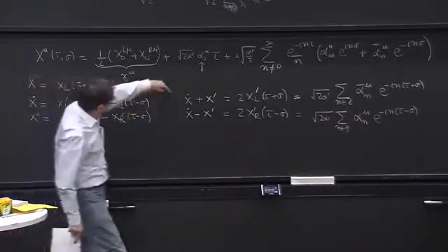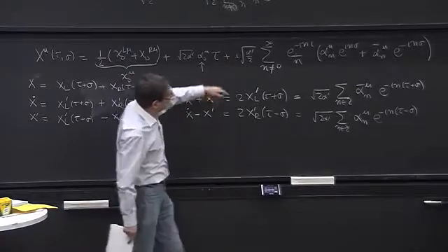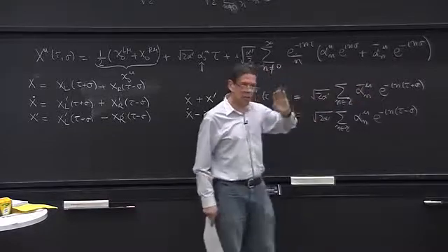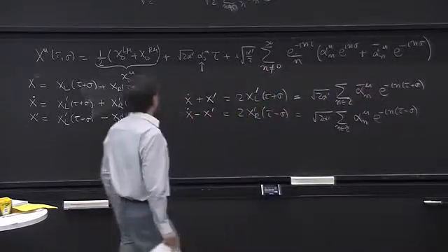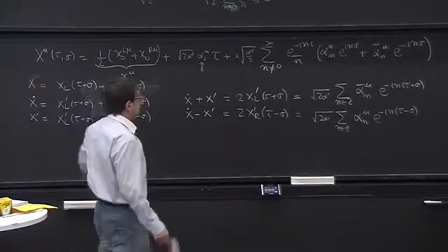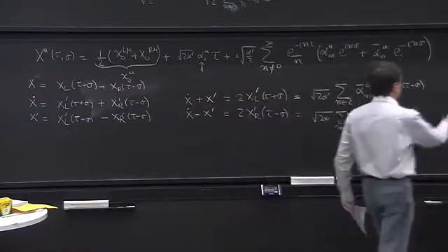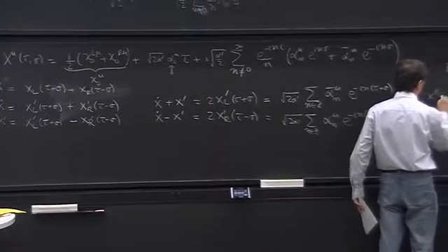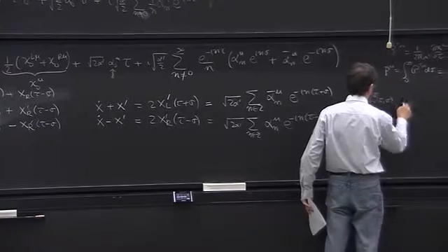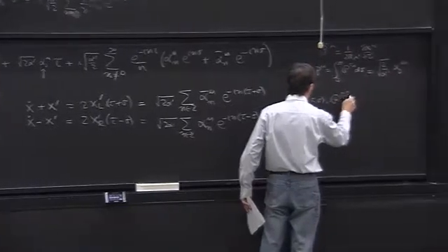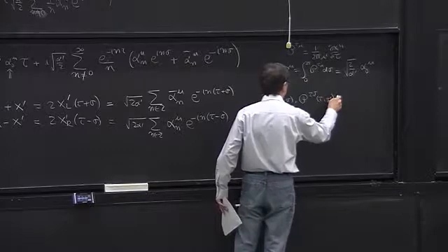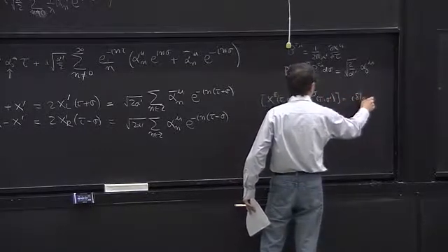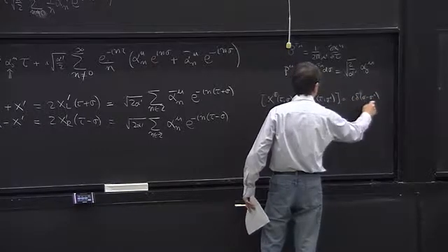So we've achieved that x dot plus x prime and x dot minus x prime look exactly like open strings, with the same conventions and everything the way we said it. Still, the same commutator applies. We postulated for open strings that the commutator of x mu of tau and sigma with P^tau_j of tau and sigma prime was equal to i delta of sigma minus sigma prime, eta mu j.